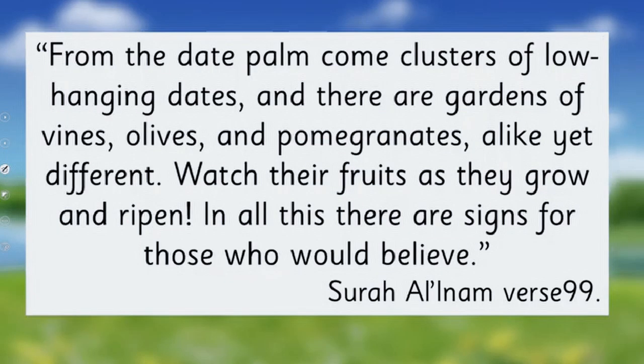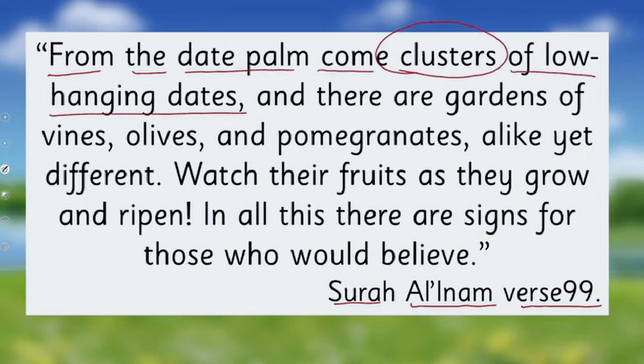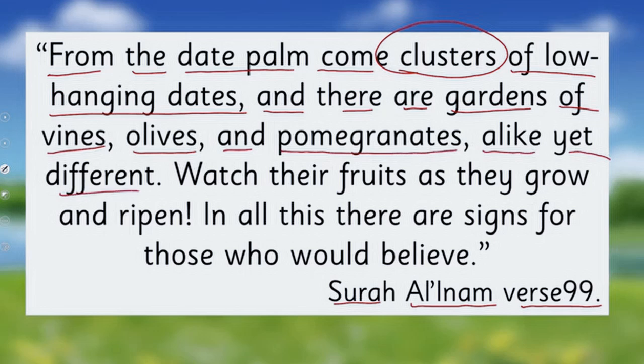Let's start with the name of Allah subhanahu wa ta'ala. Allah mentions in Surah Al-An'am, verse 99: From the date palm come clusters of low-hanging dates, and there are gardens of vines, olives, and pomegranates alike, yet different. Watch their fruits, and they grow and ripen.